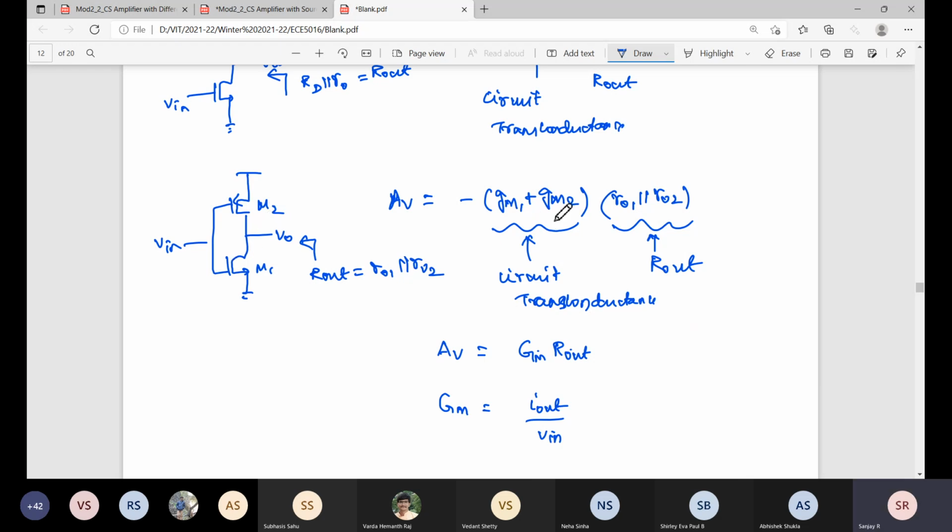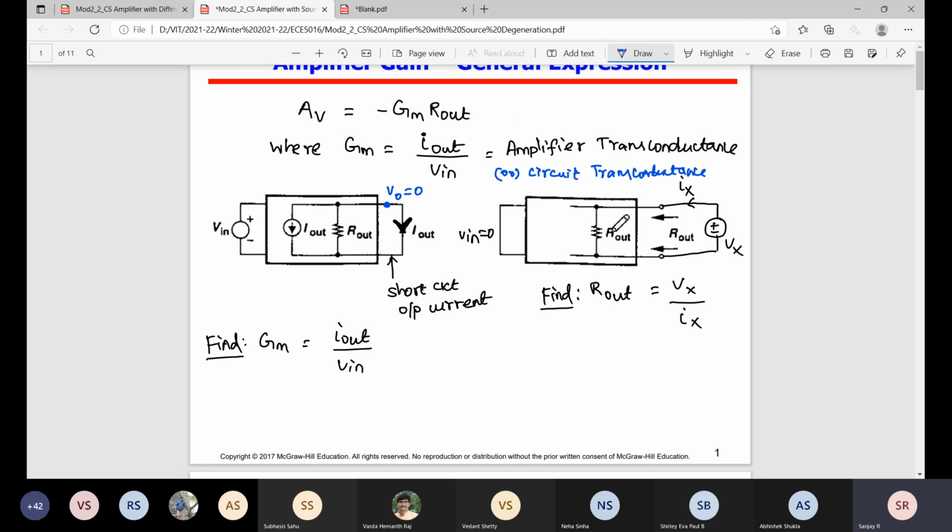But from the gain perspective, the transconductance in the gain term is called the circuit transconductance. It may be a combination of the input transistors' transconductances. Just understand that.